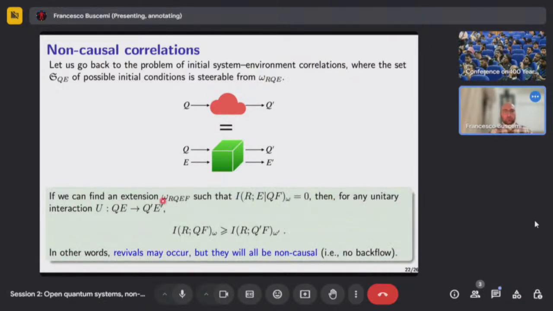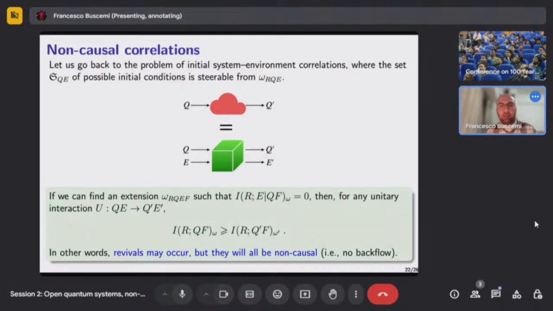So if we can find an extension of this tripartite state, such that the mutual information between R and E given Q and F together is 0, then for any unitary interaction between Q and E, the data processing inequality is satisfied if you bring F together with Q. So it means that if your tripartite state, the state that you use to steer this initial condition, can be extended with an extension that satisfies this condition, you might observe revivals, but such revivals will never be causal.